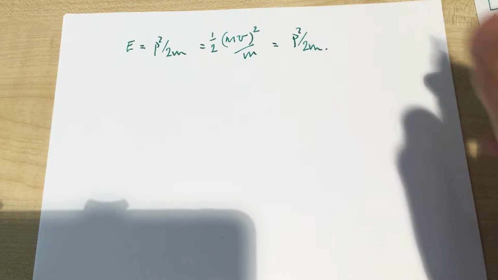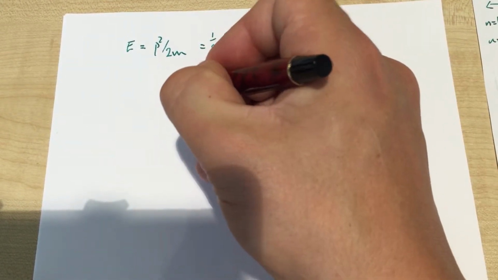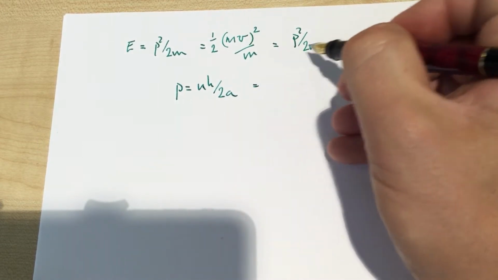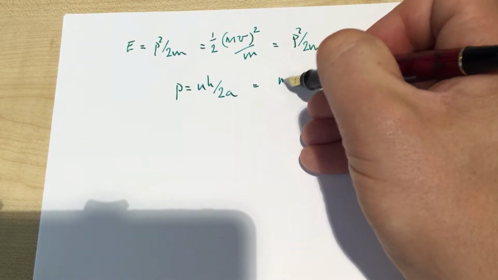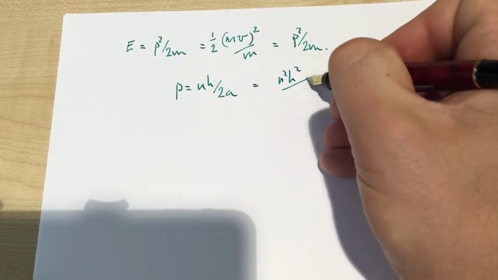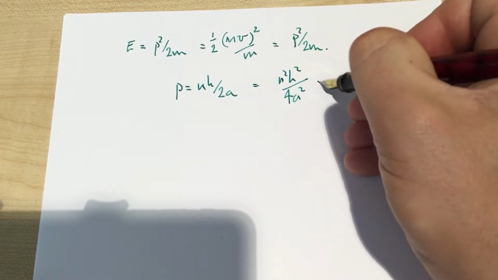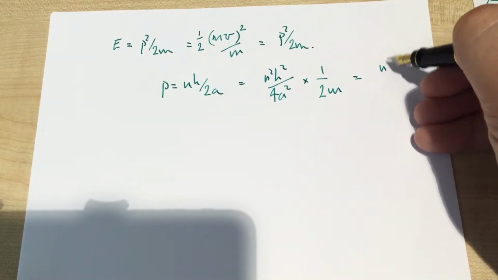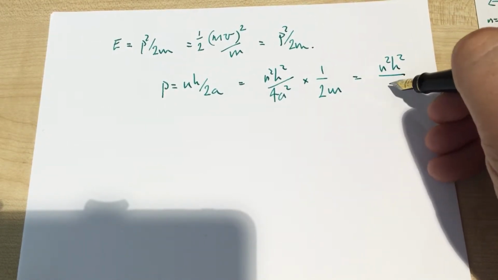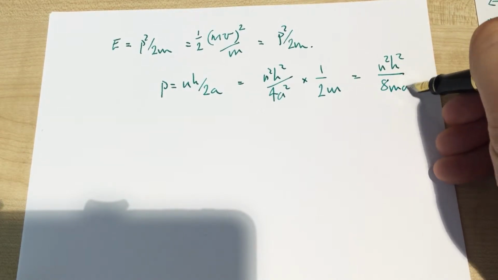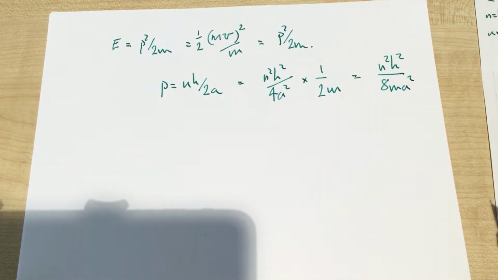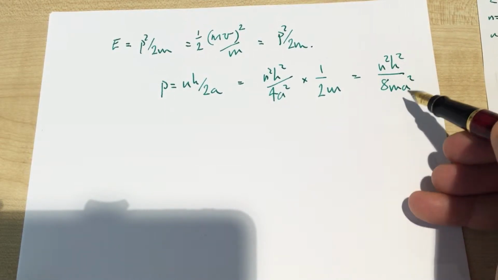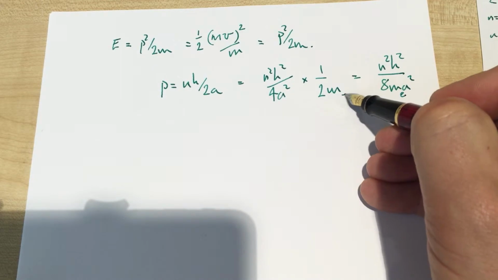Well, I now know that my expression for p is nh over 2a. So therefore, p squared is going to be n squared h squared over 4a squared, times 1 over 2m, giving me n squared h squared over 8ma squared. So there's an expression in terms of n, in terms of h, in terms of a, and of course, m is the mass of the electron, I should say.